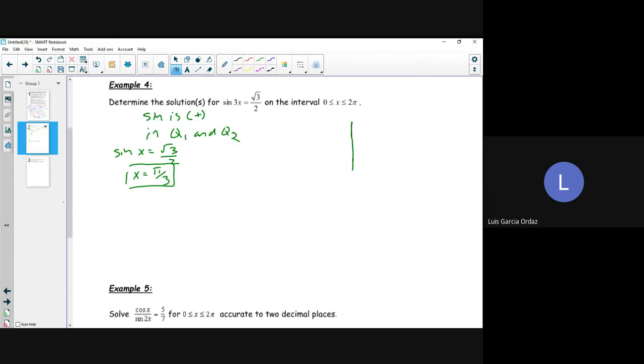So if we were to draw it out, this is at pi over 3. And if it's in quadrant 2, it is at 2 pi over 3.